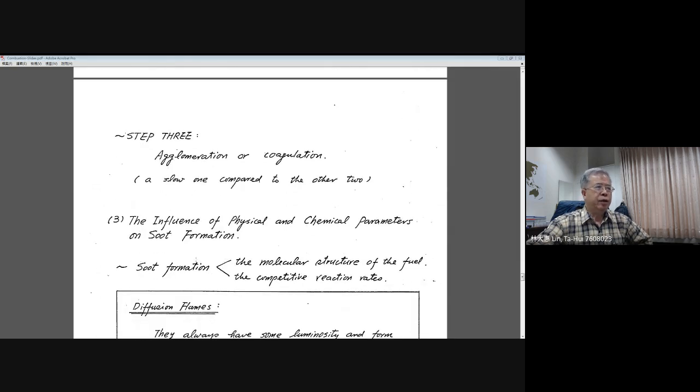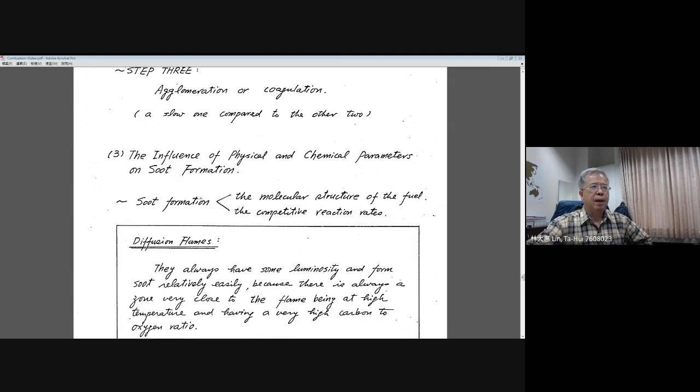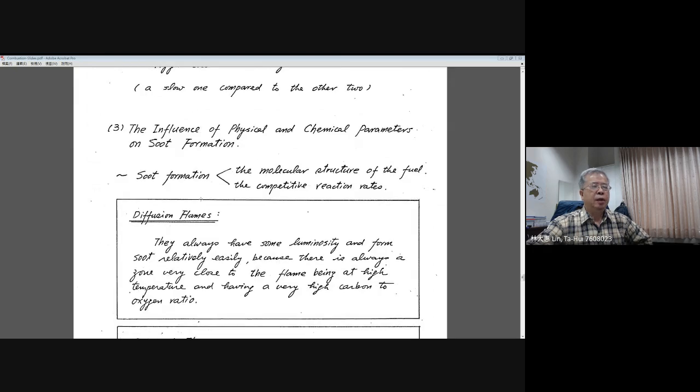The subsection three, we try to look at certain physical and chemical parameters on soot formation. Okay, now I give you a short summary on soot formation, and the two factors you need to consider for soot formation in the gas flow, even for the diffusion flame and the premixed flame.